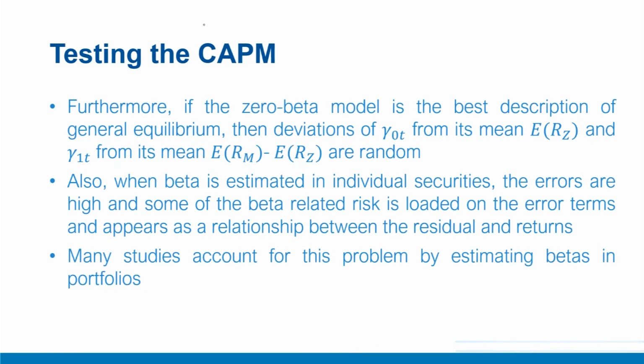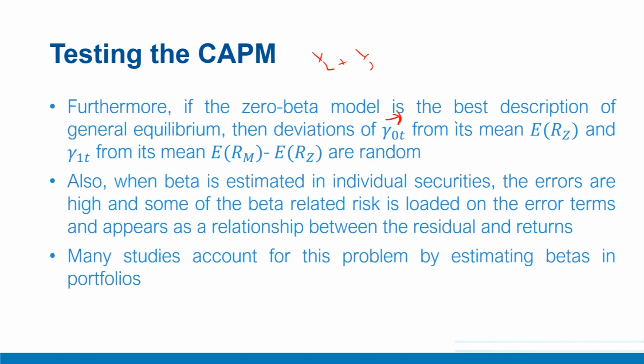Now, if that holds true, that is, the expected values of gamma 2t and gamma 3t are 0, then one proceeds to see whether the standard version or zero beta version of CAPM is the true depiction of reality. And there we test whether deviations of gamma naught from its mean and gamma 1 from its mean are purely random.